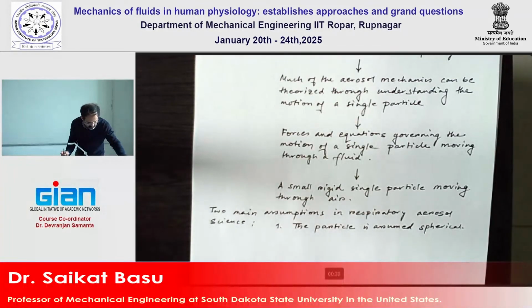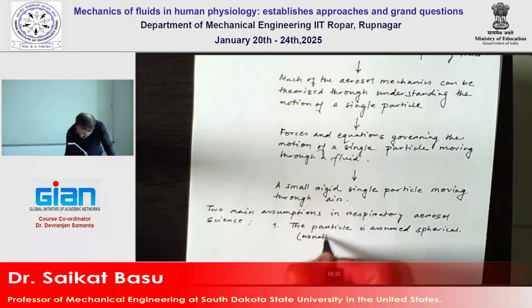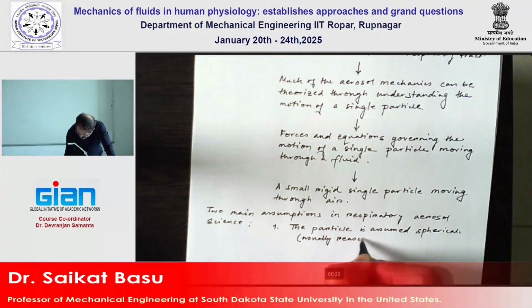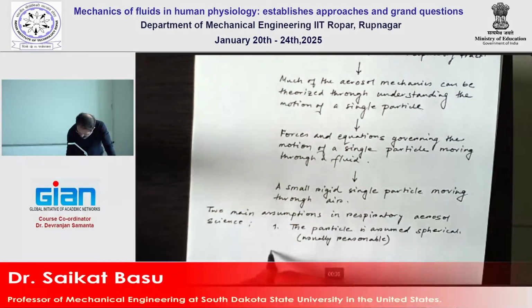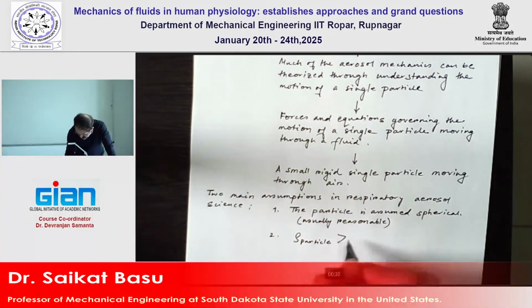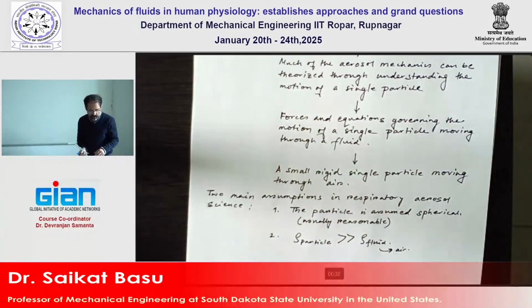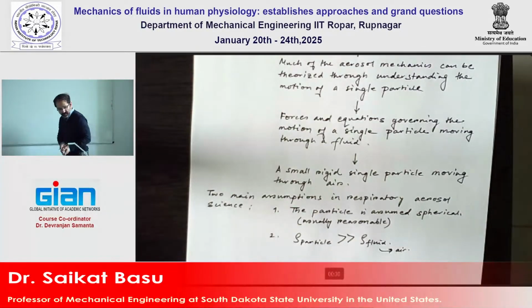As I said, when we apply the knowledge to a practical problem, this is a fairly reasonable assumption, so this is usually reasonable. Number two, the density of the particles is much, much greater than the density of the fluid, which in this case is air. This also is quite reasonable most of the time.